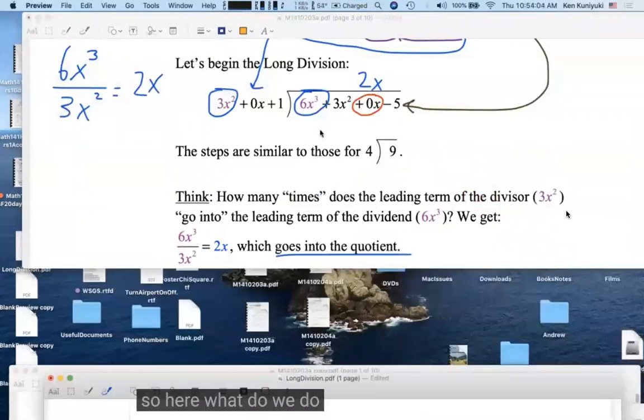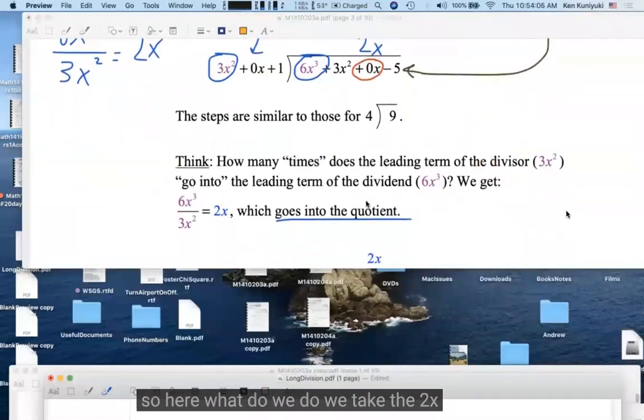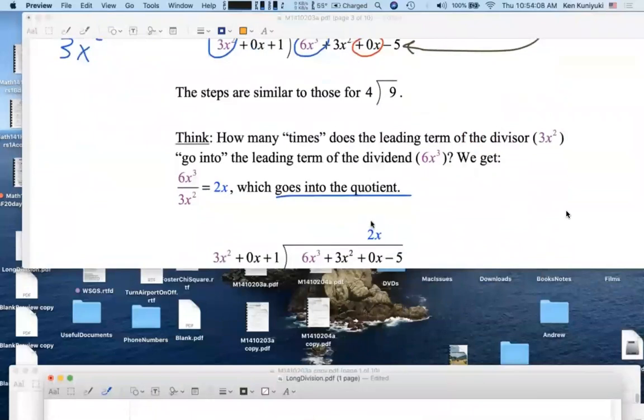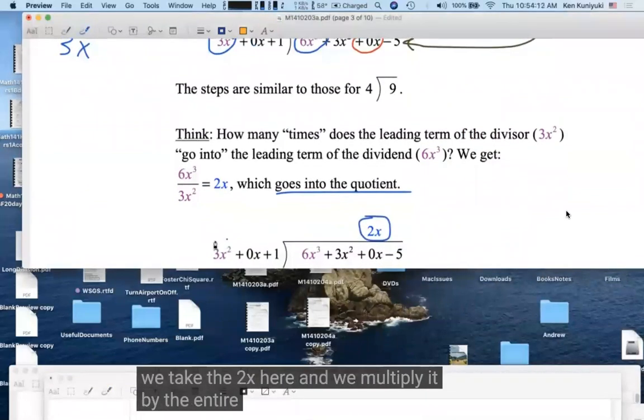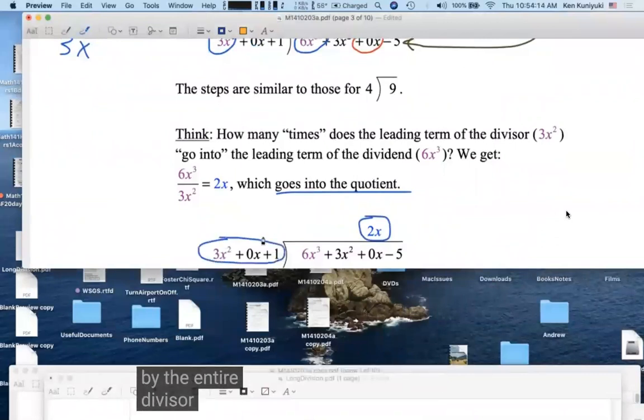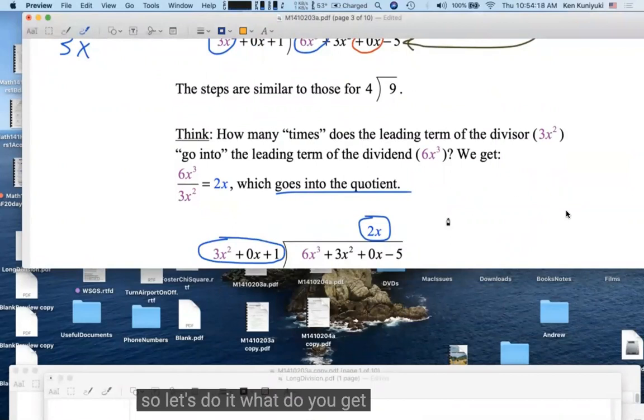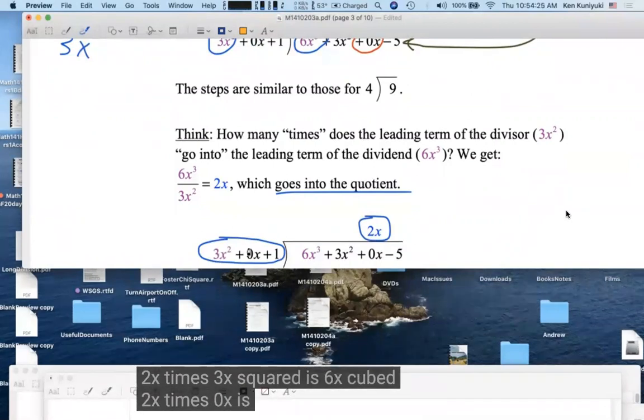So here, we take the 2x and we multiply it by the entire divisor. So let's do it. What do you get? 2x times 3x squared is 6x cubed. 2x times 0x is 0.